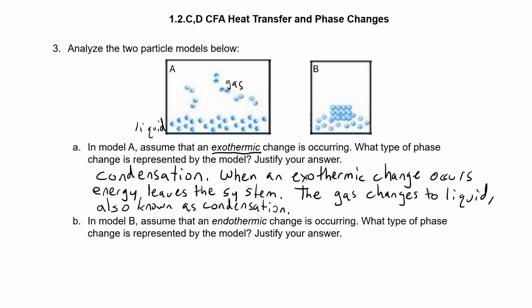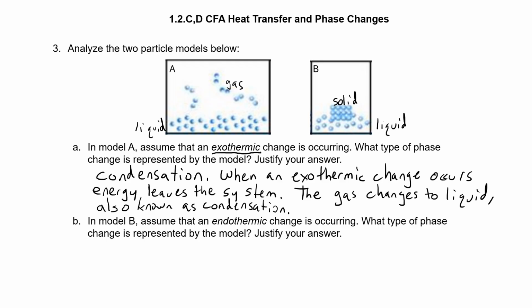So let's go on and look at this second one here. It would appear similar to A. There are some disorganized particles here at the bottom of our container. Those are also liquid. But these particles here are much more closely arranged. This represents a solid.